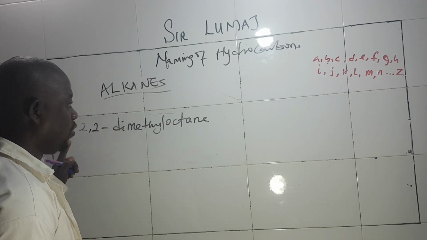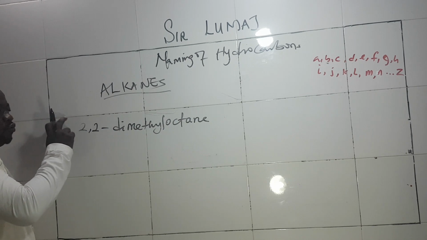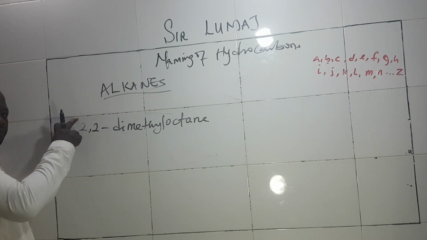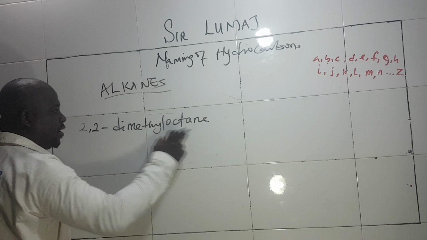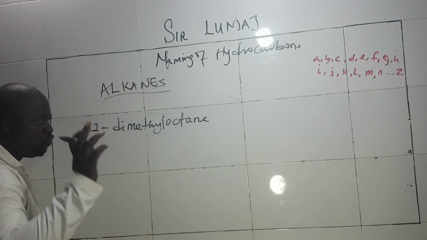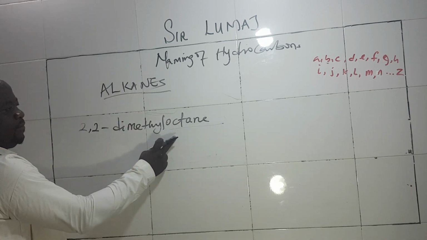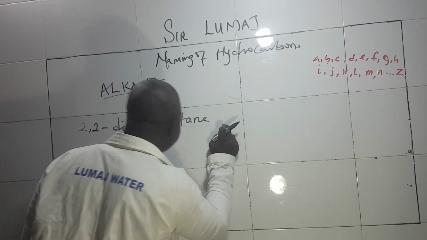about the name of this group, I said when you want to name or write the structure of a molecular compound, an alkane or let's say a hydrocarbon, where you start from is from the back. You start from the back. What do you have at the back? Octane.